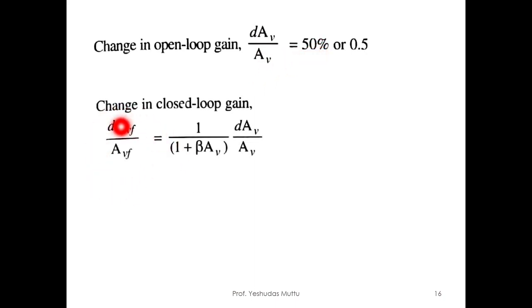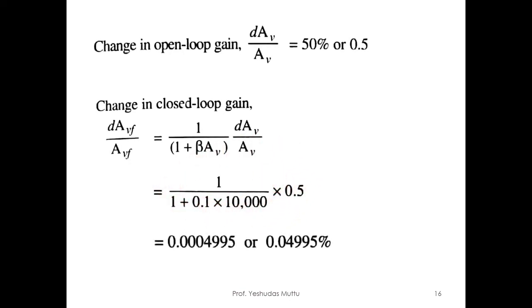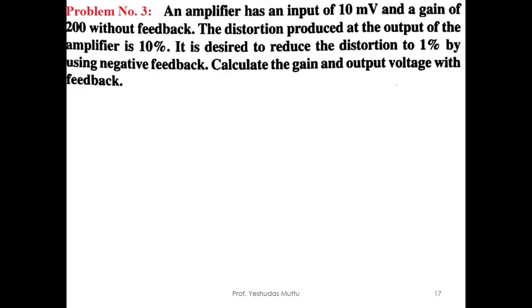We'll use that formula which we had derived: dAVF upon AVF is equal to dAV upon AV into 1 upon 1 plus beta AV. Substitute, because we have all these parameters, we'll get some answer. They have asked percentage, so we have to convert it into percentage. Please do check these answers. Moving to the next problem.